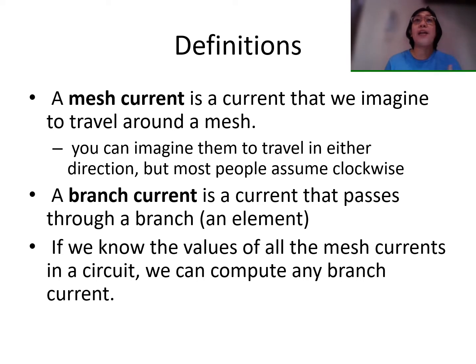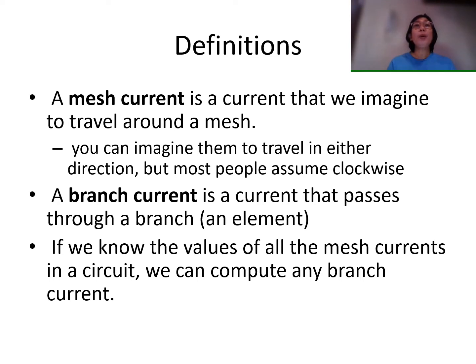But if we solve for mesh currents instead, once we have solved for them, we can compute the branch currents. Mesh analysis gives us a lesser number of unknown currents, therefore a lesser number of simultaneous equations to solve.